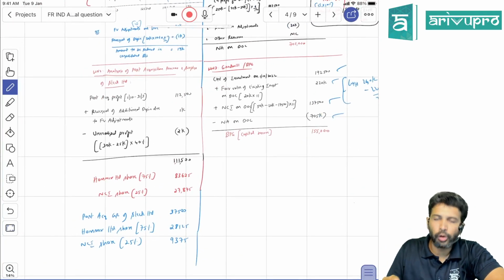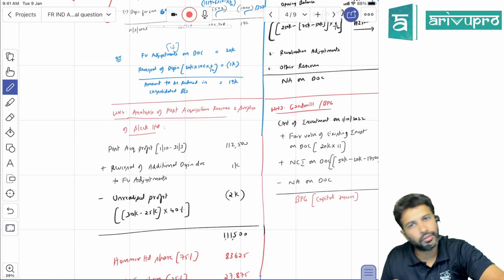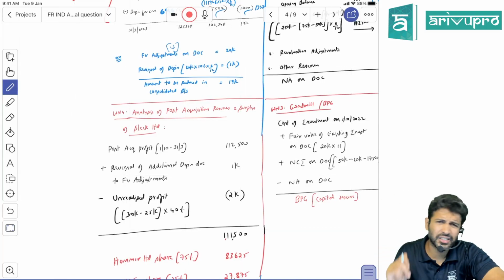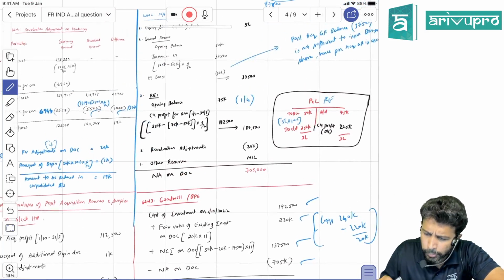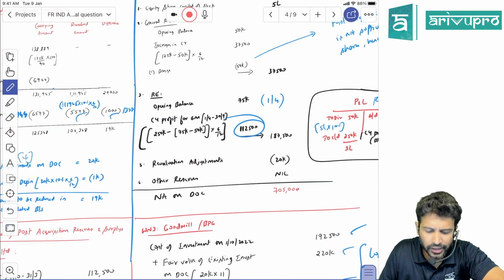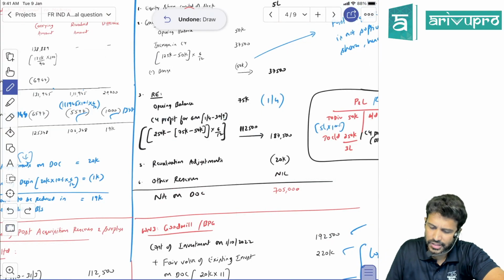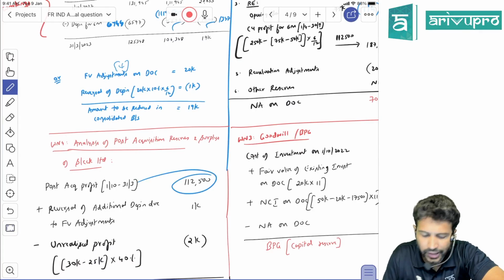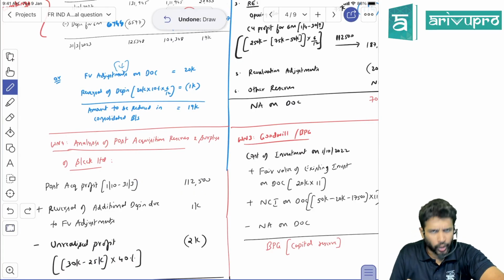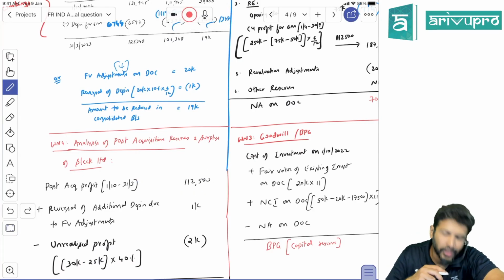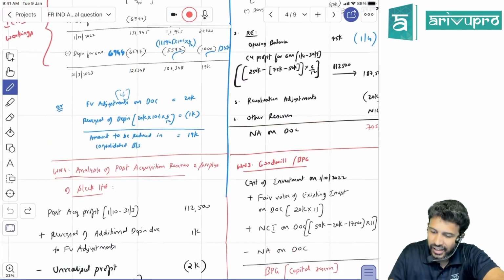Then working note number 4 for the analysis of post-acquisition profit of the subsidiary company. We have general reserve and retained earnings here. Six months of current year profit is pre and six months is post, obviously. So post-acquisition profit is 1,12,500. Now, is there any adjustment? Is there any additional depreciation?